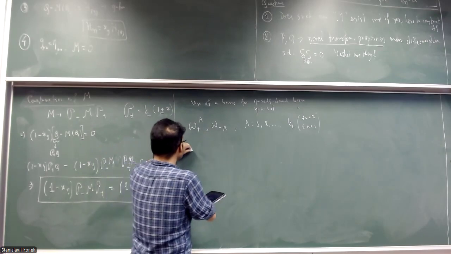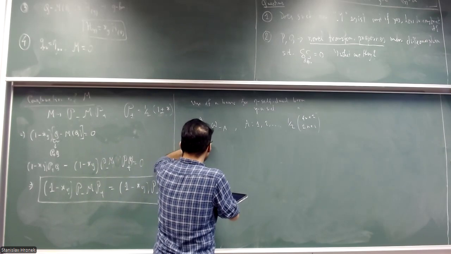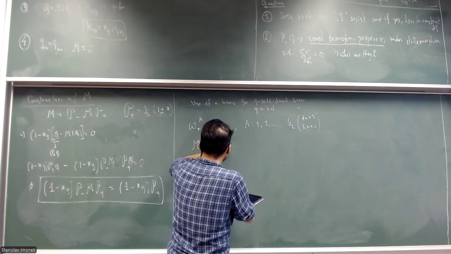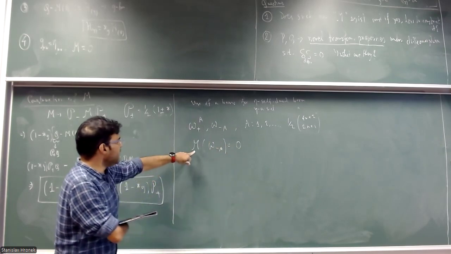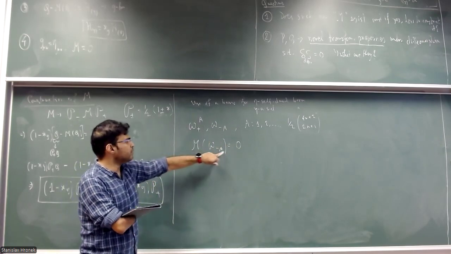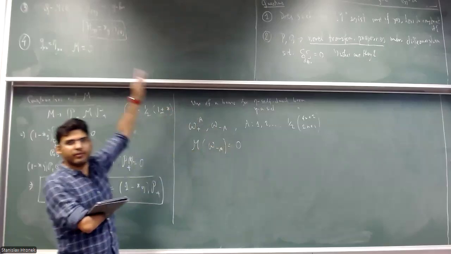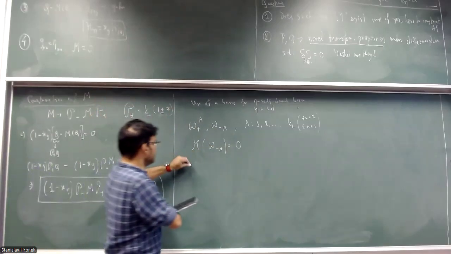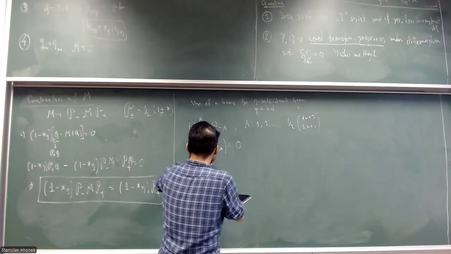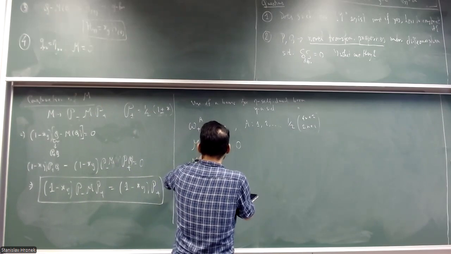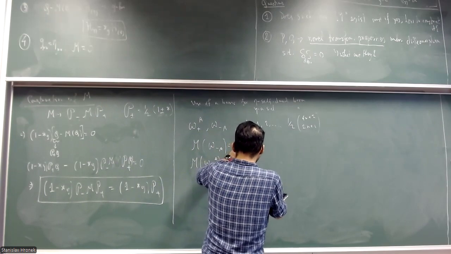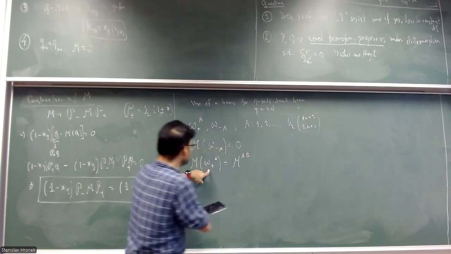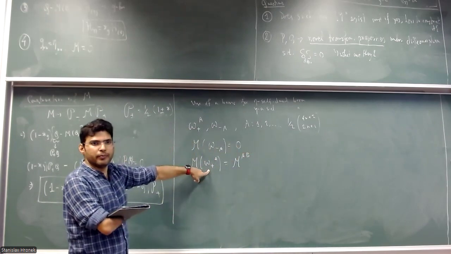What this tells us is that M can now be represented by a matrix. So M, when it acts on an anti-self-dual field, is 0 by definition. But when it acts on a self-dual thing, this becomes an anti-self-dual form.